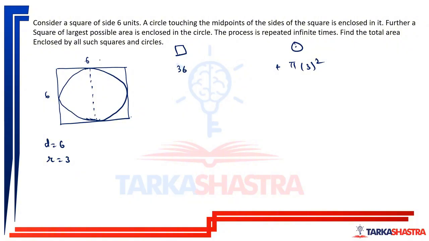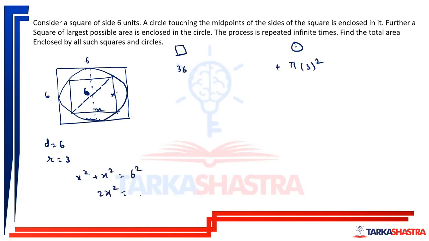Now, further, a square of largest possible area is enclosed in the circle. Now, what is this? This is 6, right? Because it is the diameter of the circle. Also, this is the diagonal of the square. If this is x, and this is the diagonal, x square plus x square is equal to 6 square.